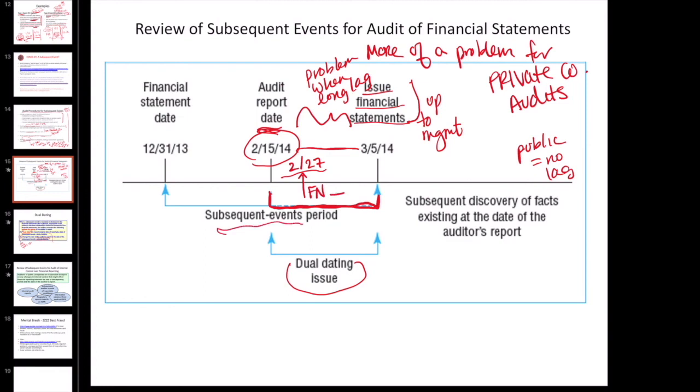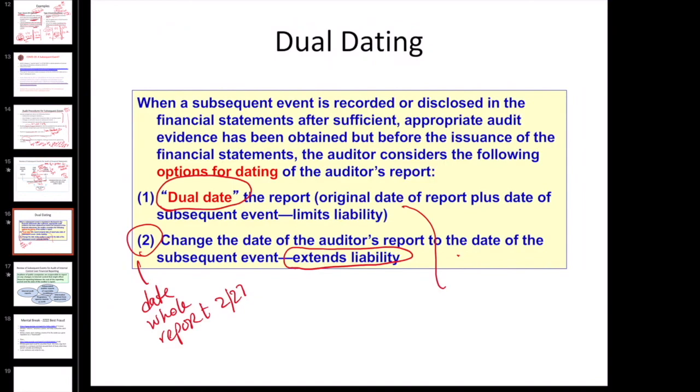Let's say the subsequent event is discussed in footnote S for subsequent event. So I'm going to say, okay, my report is as of 2/15 with the exception of footnote S, which is as of 2/27. Okay, so that's the dual dating.